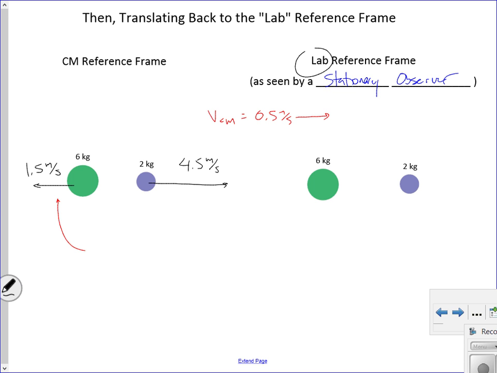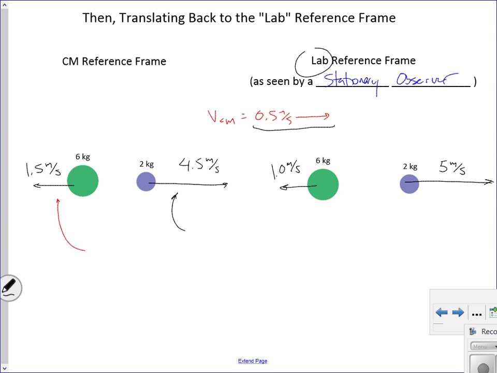What that means is, relative to a stationary observer, this has a velocity of 1 meter per second to the left. You're in a car moving at 0.5 meters per second to the right, and it looks like something's moving at 4.5 meters per second to the right. Well, what that actually means is, relative to a stationary observer, it must be moving at 5 meters per second to the right.